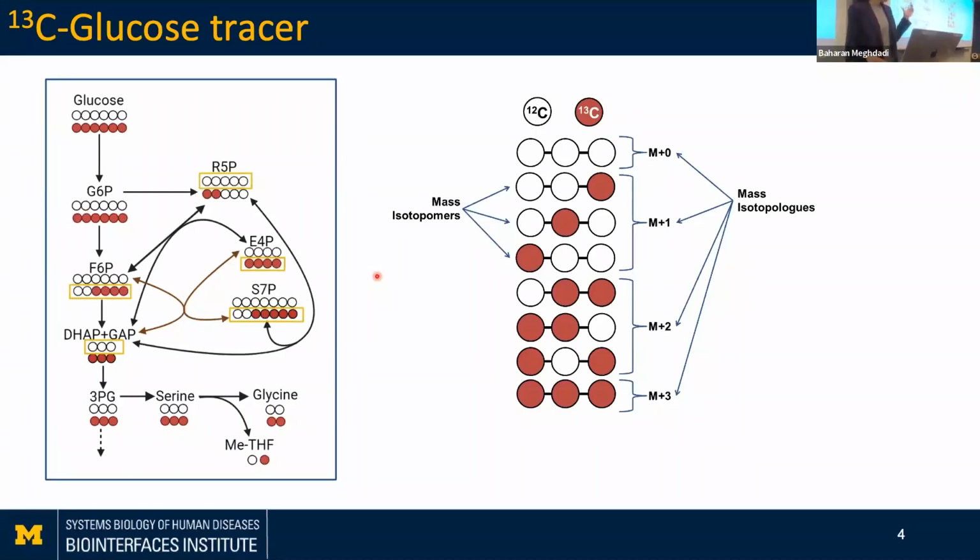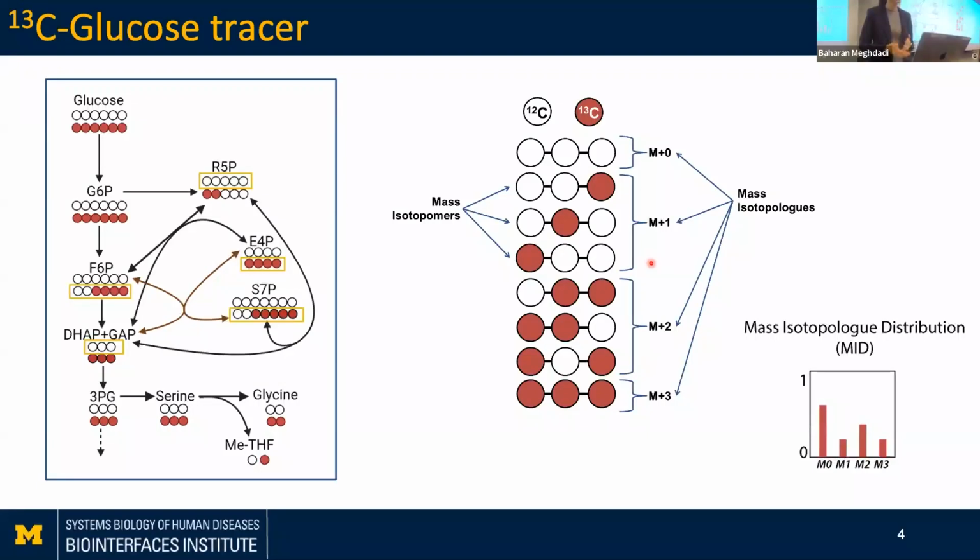Each of the patterns, we call a mass isotopomer. Each pattern has 13C carbon in one of the positions of the molecule, and we can group these isotopomers into mass isotopologues, where we have a similar number of 13C carbons in one group. This would be a mass isotopologue.